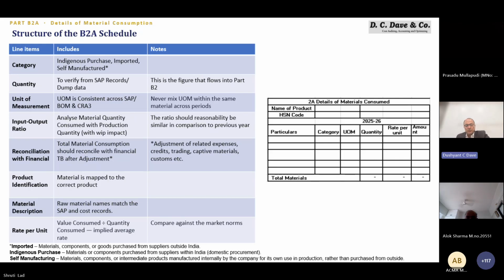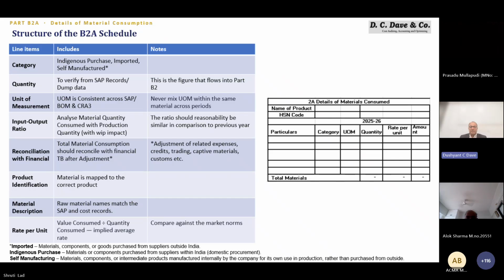Classification by source also: you should find out whether the material is indigenous, imported, or self-manufactured. Imported materials should usually include customs duty, ocean freight, insurance, port charges. These components affect the landed cost. Self-manufactured materials require valuation based on cost accounting standards, not on market price. Please remember it very well.